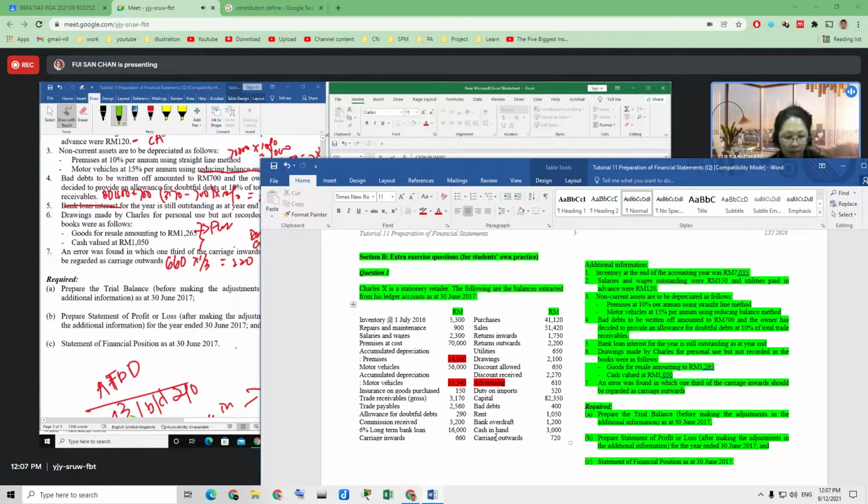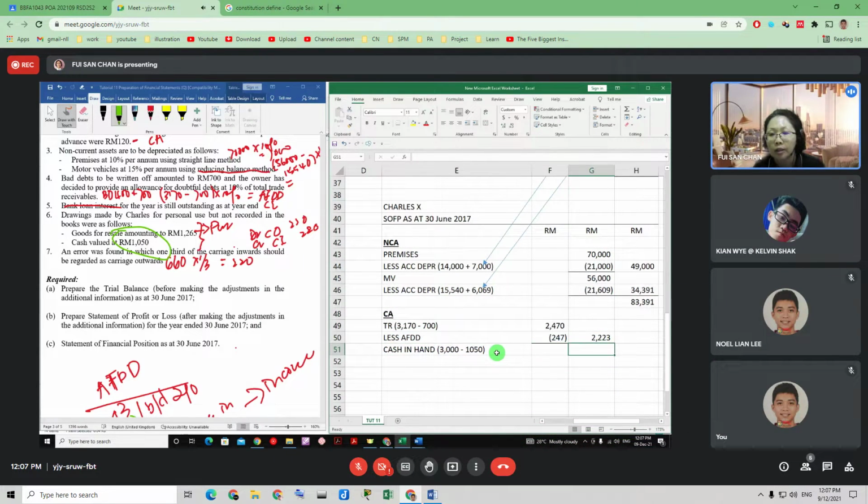What adjustment? Why do we need to make an adjustment? The drawings. Yes, the drawings. Minus our drawing, it's here, right? Okay, so cash in hand.